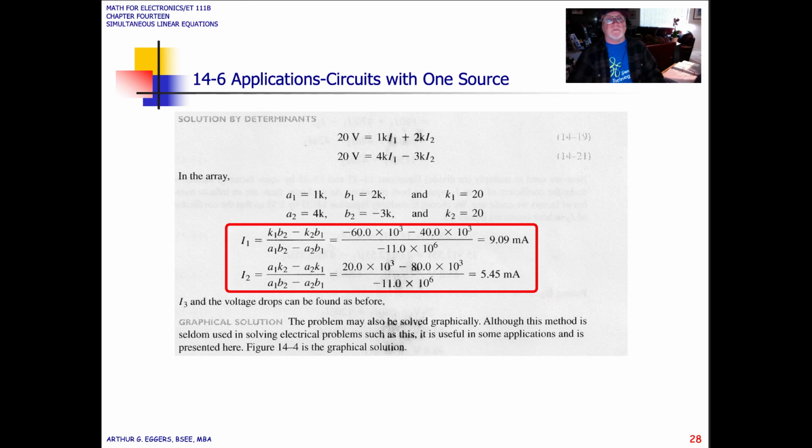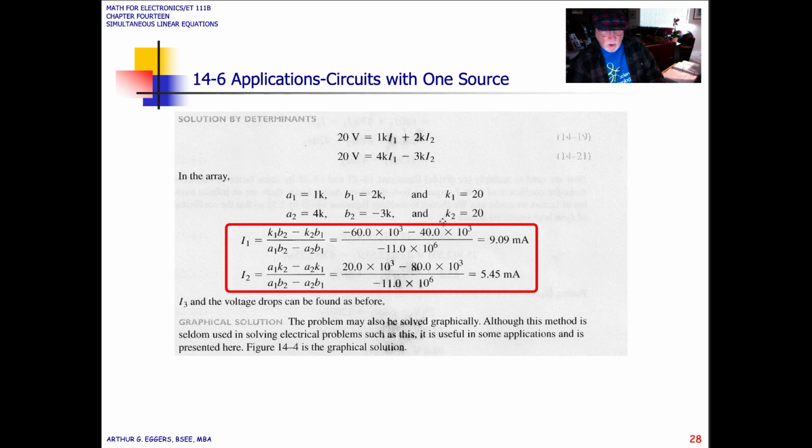So jumping ahead several steps, we've got the current I1 is equal to K1 B2 minus K2 B1 divided by that common denominator that you see in both current terms here, A1 B2 minus A2 B1. We substitute the values in for each of those elements: 60 times 10 to the third minus 40 times 10 to the third.